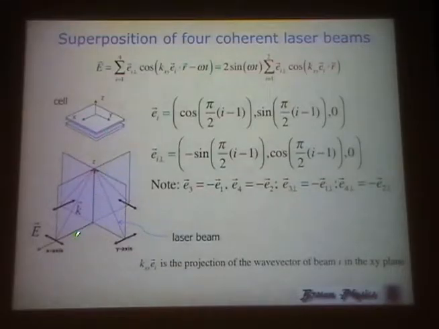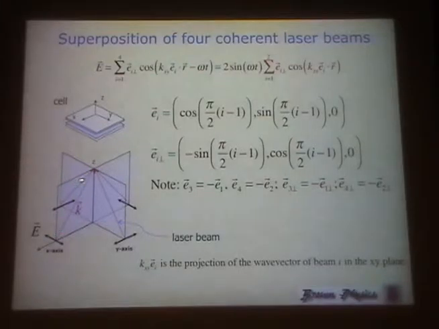The way this figure is drawn, imagine the 4 coherent laser beams are actually coming from below. That just happens to be the way this figure was drawn; it could have been from above as well. So here are the 4 beams coming in. They are assumed to be polarized as indicated in the XY plane.